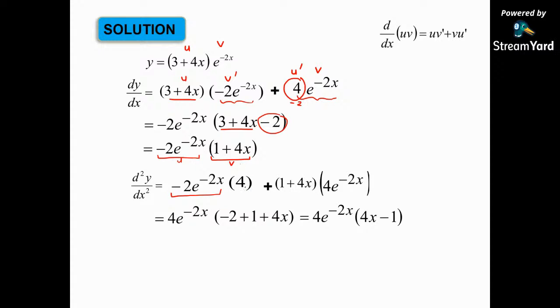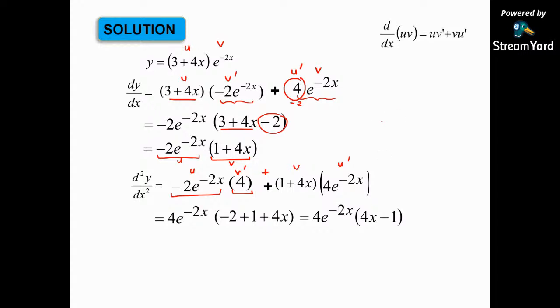Differentiating 1 plus 4x, that is how you end up with 4. So this is u v prime plus, right, so v is 1 plus 4x, u prime, so we're going to bring down the power, differentiate the power, times with negative 2. So that is how you end up with 4e to the power of negative 2x.